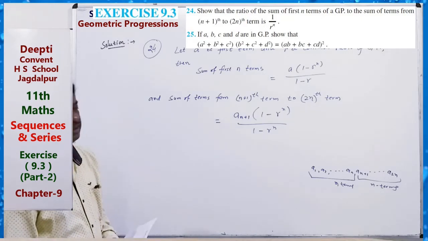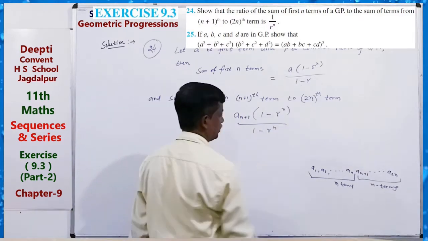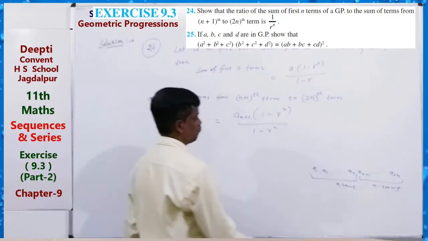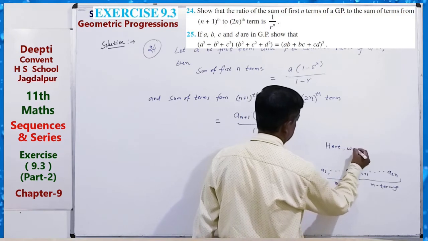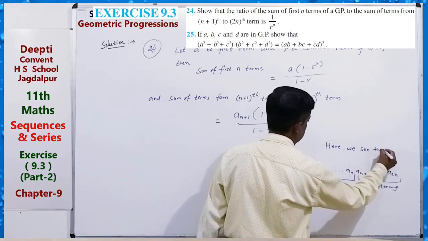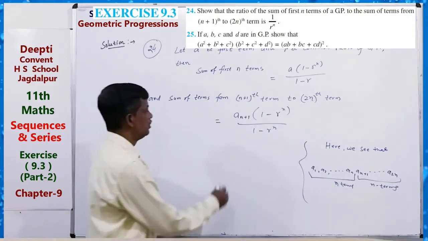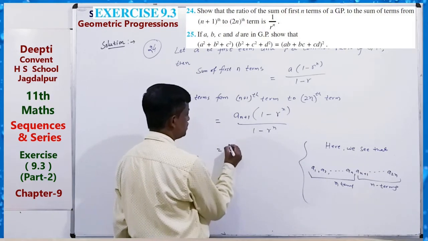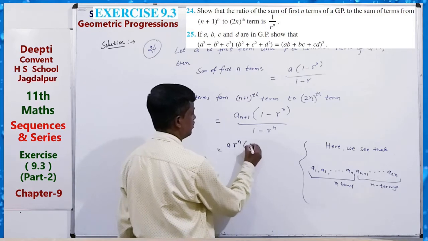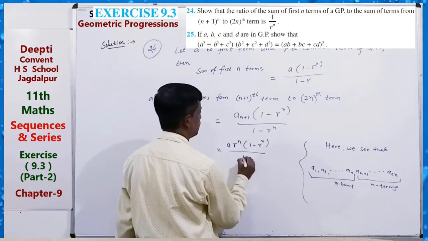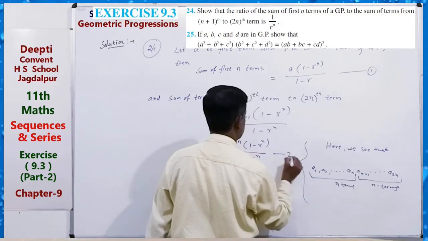Now just take the ratio. This is the first term. Here we see that this is equal to a n plus 1, meaning a r to the power n, into 1 minus r to the power n upon 1 minus r. This is 1, this is 2.